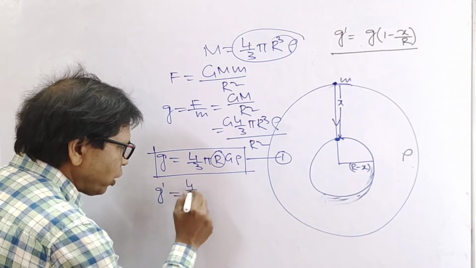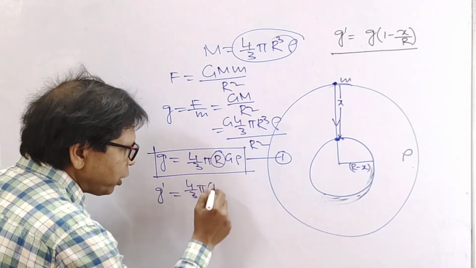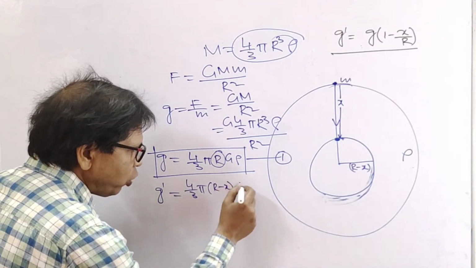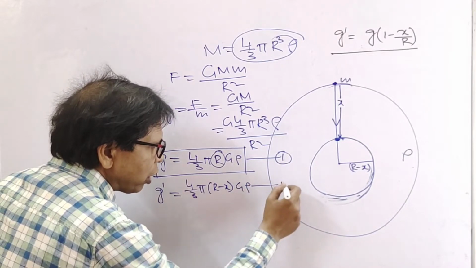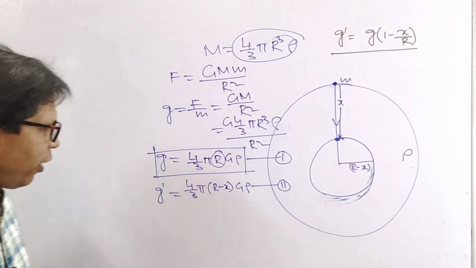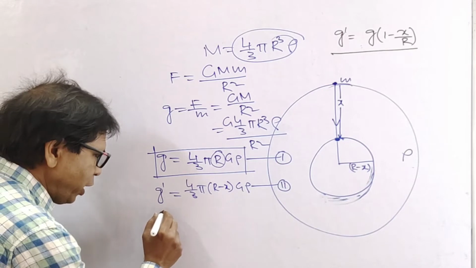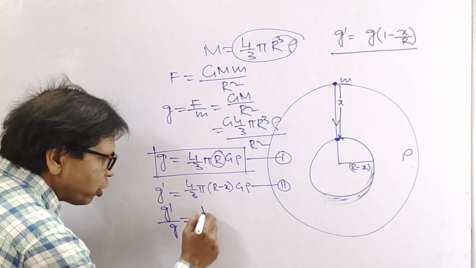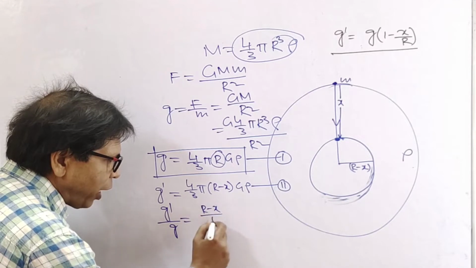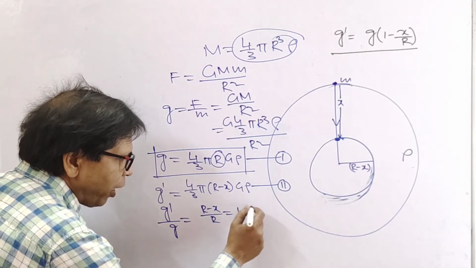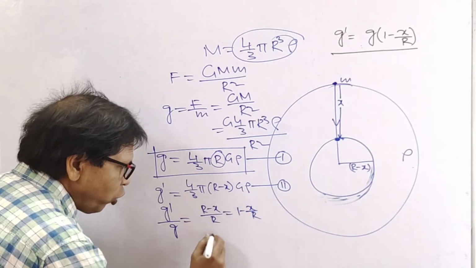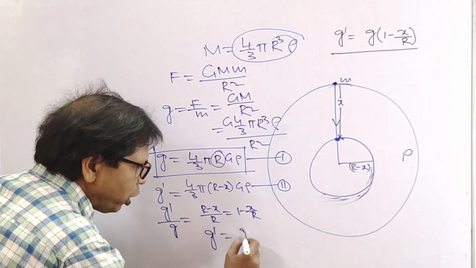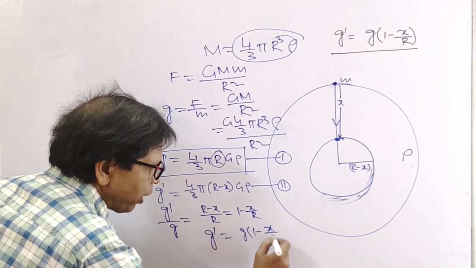So this is 4/3 pi (R minus x) G rho. This is equation 2. Now if we divide equation 2 by 1, g dash by g equals R minus x by R, which is 1 minus x by R. So g dash equals g into 1 minus x by R.